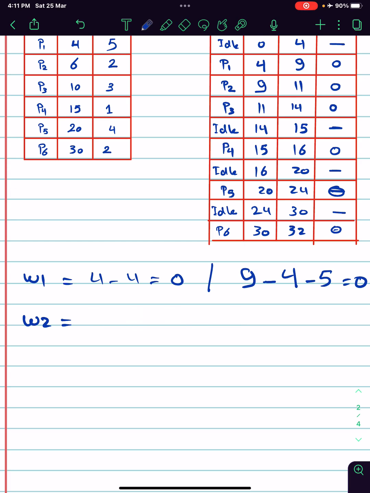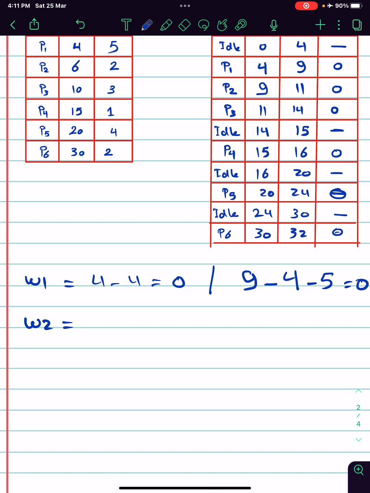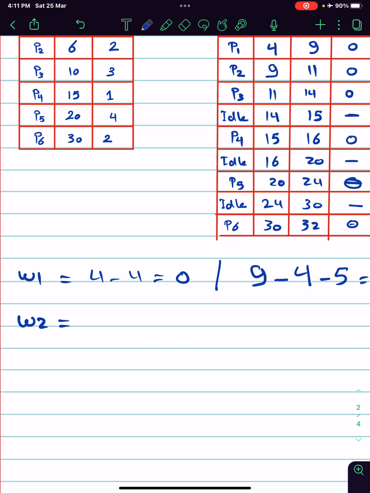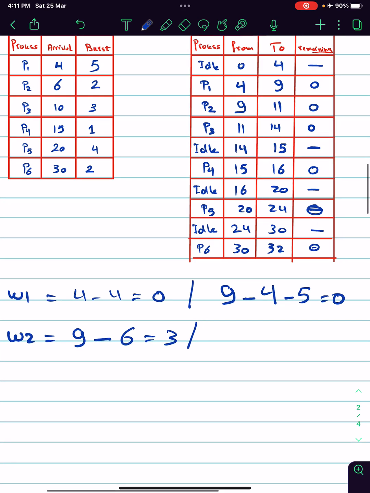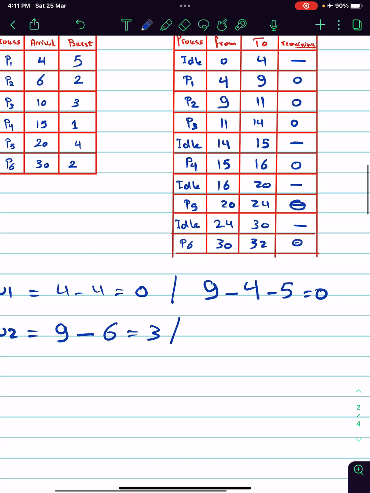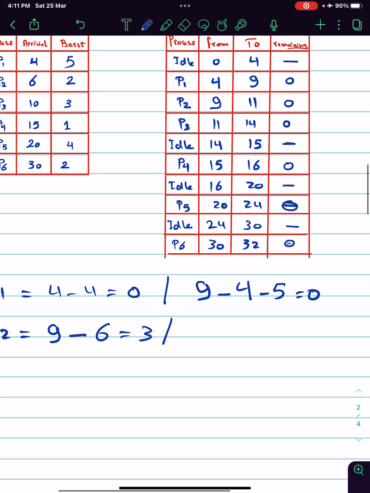The first equation says the start minus the arrival. P2 started at time 9 and it arrived at time 6, so the waiting time here is 3. The finish time here is 11, the arrival is 6 and the burst is 2, so this is also going to be a 3.